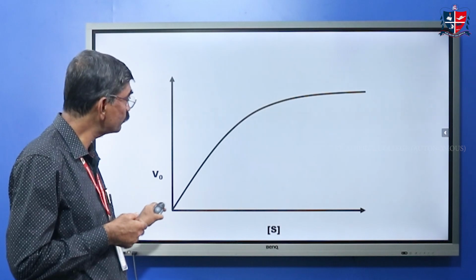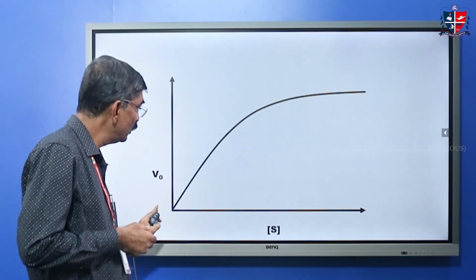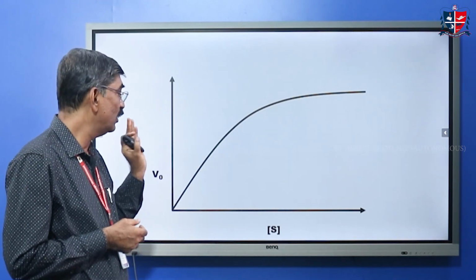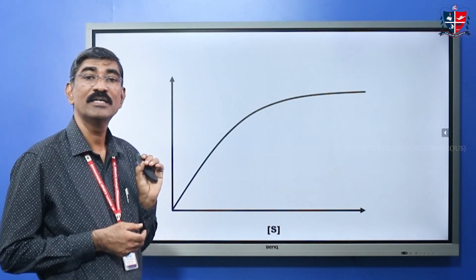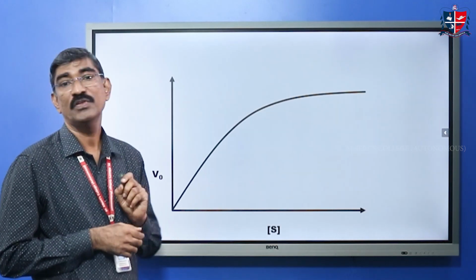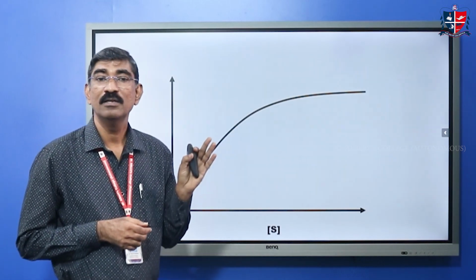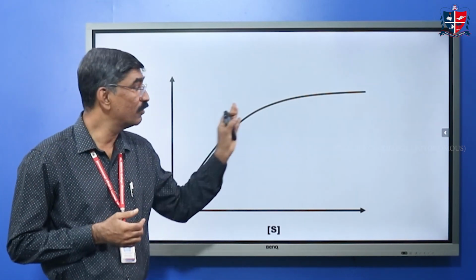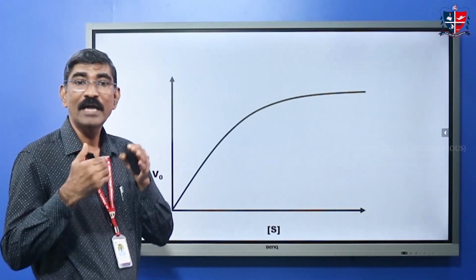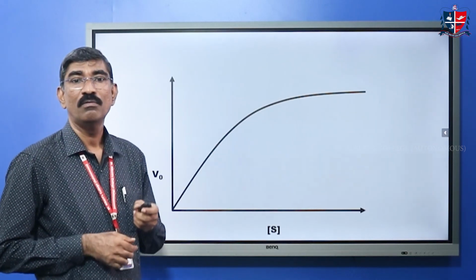In the initial stages, this curve is almost straight. That means the rate of the reaction is directly proportional to the increase in the concentration. When the substrate concentration reaches beyond a particular limit, the plot achieves a plateau, or is more or less flat.